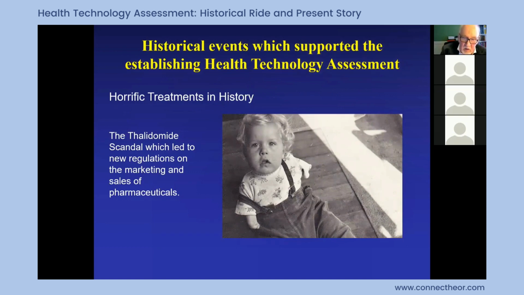It was a drug that was given to pregnant women for morning sickness, but also for many other things, from treatment of diabetes to treatment of obesity, and many things that the company said it worked for. Many babies started to be born without limbs, without arms, without legs.